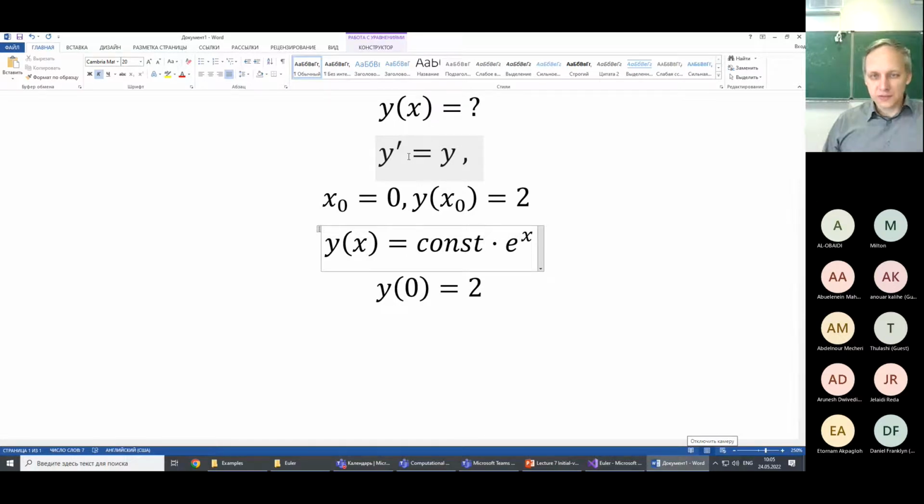In this case, the derivative of any constant times e power x will be constant times e power x. Y prime equals y.